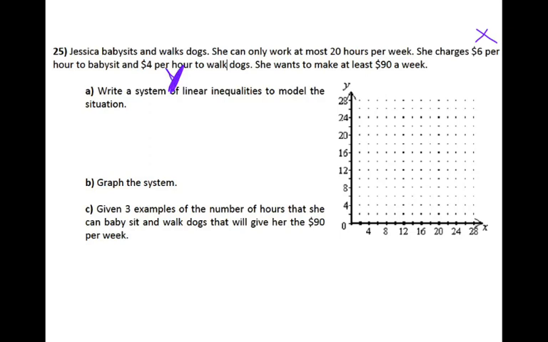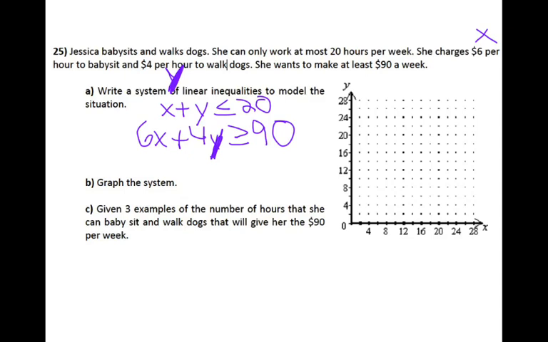She can work at most 20 hours, so that would be X plus Y is less than or equal to 20. And then let's include the money now. So babysitting, 6X plus $4 per hour walking dogs, 4Y. And she wants to make at least $90, so greater than or equal to 90.